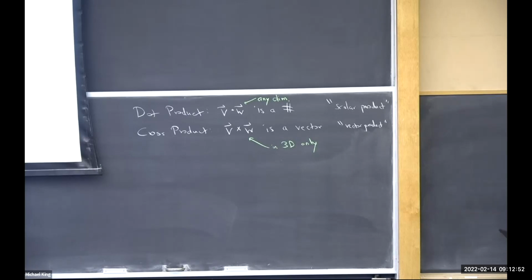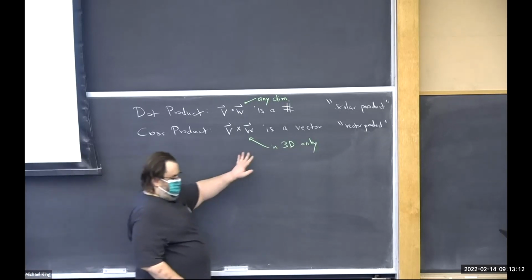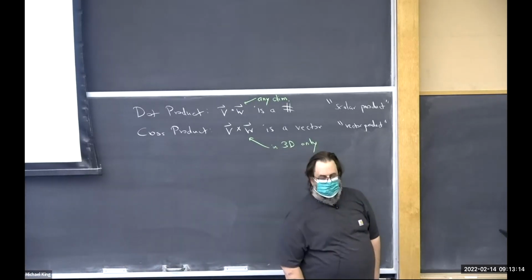Sometimes people talk about a 2D cross product, but it's not really a vector, since it's supposed to be perpendicular. Maybe its magnitude can still be thought of as the area of the parallelogram. But mainly when we talk about cross products, we really just mean 3D.